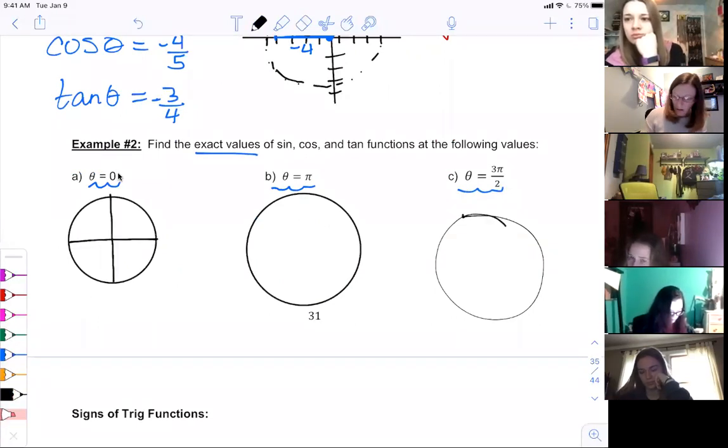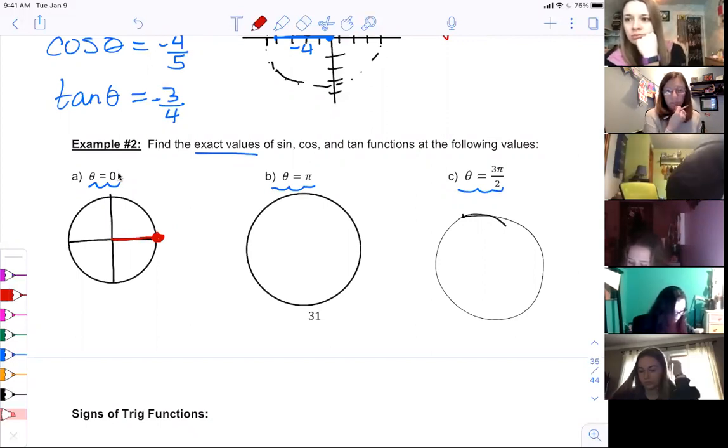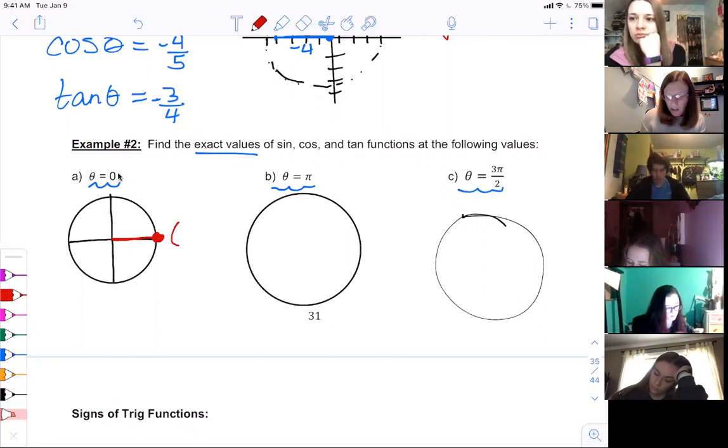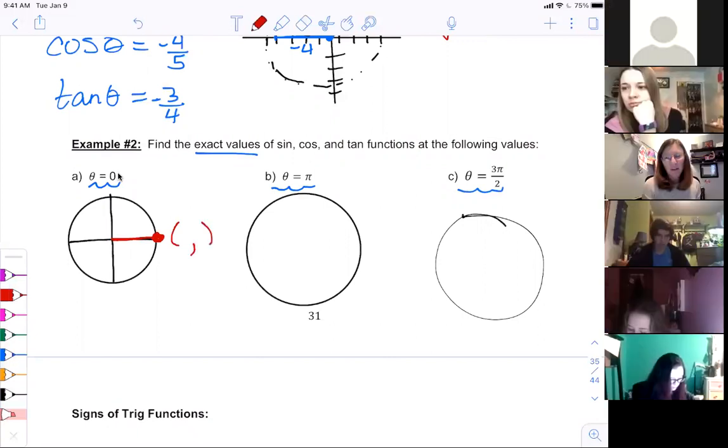So go back to that circle, draw yourself the angle. This one's 0. Well, 0 would be on the edge of the circle on the x-axis. What is that point? So we're still talking about a point. What is that point if you're on the edge of the x-axis, Peter? Is it 1, 0?